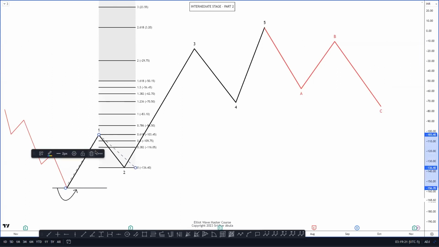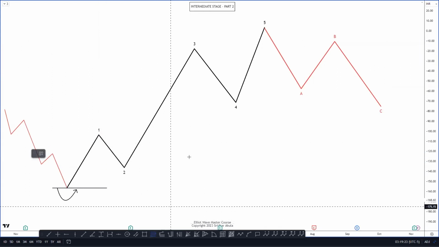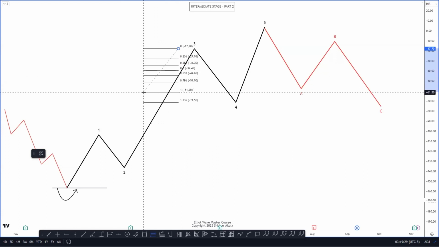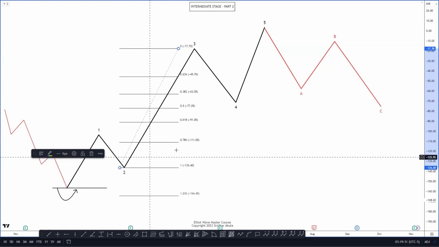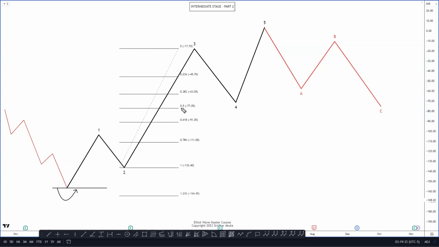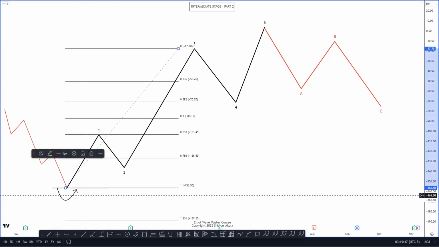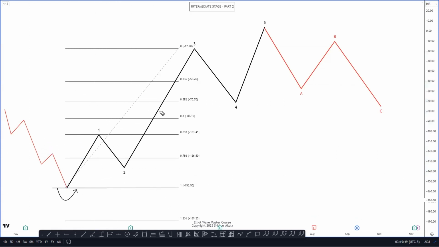Now, wave 4. For wave 4, there are two methods which I use to calculate, other than the textbook method. One, the Fibonacci retracement of wave 3 to the levels of 50 to 38% of wave 3. Next, you can also take a full retracement of the entire wave from the 0 point, that is 38 to 50%.